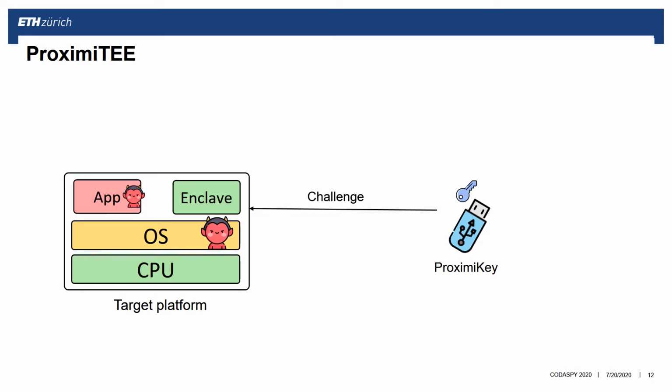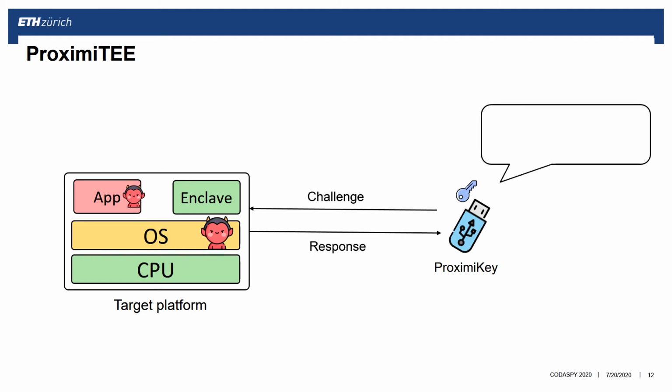The target platform has to compute in order to get the response to the challenge and sends the response back to the ProximiTEE. Now what ProximiTEE does is calculate the latency between issuing the challenge and getting the response, and based on the latency it sees whether it's physically connected to this platform or not, and based on that it determines whether there has been a relay attack or not.